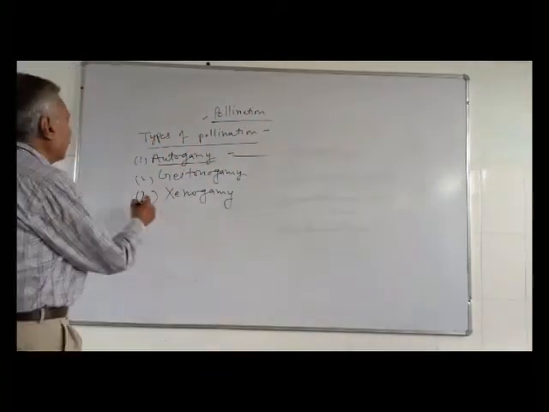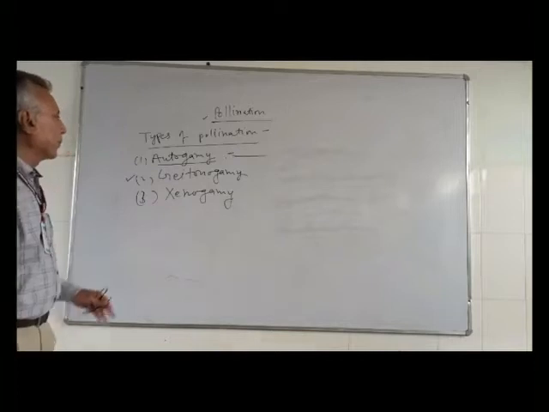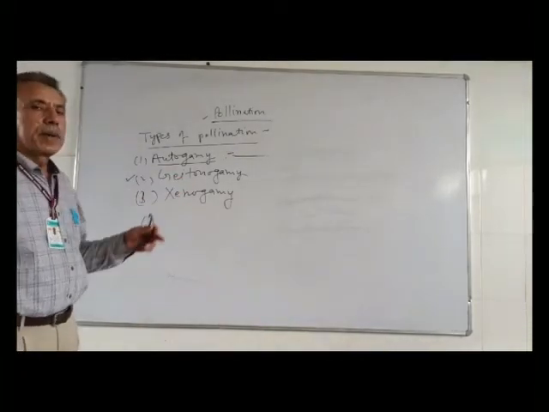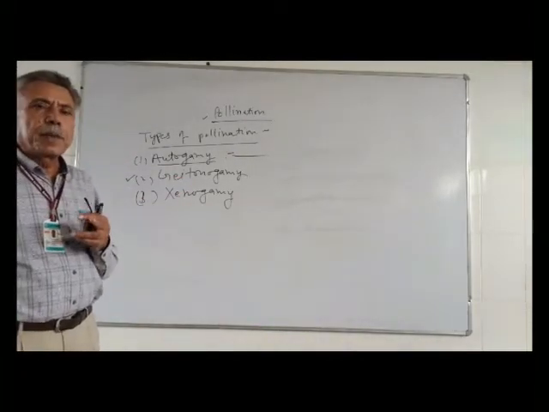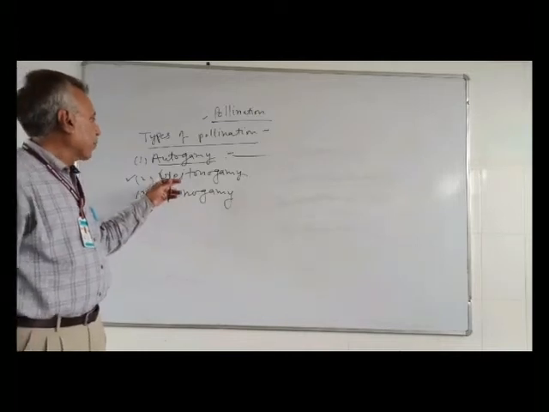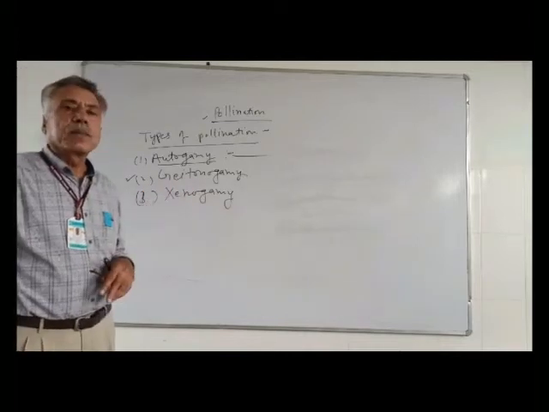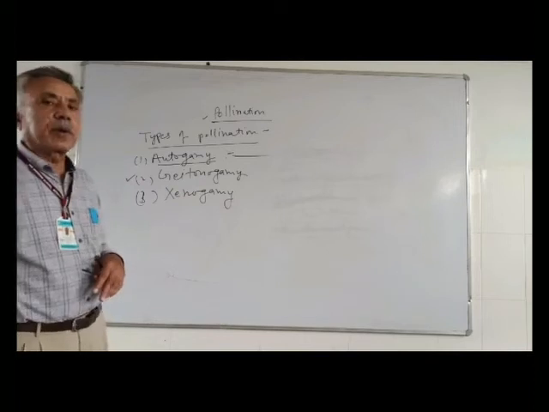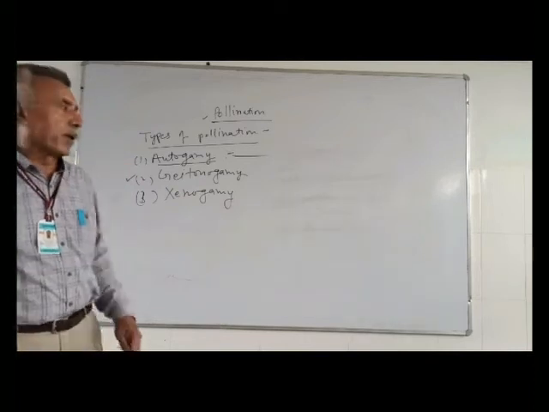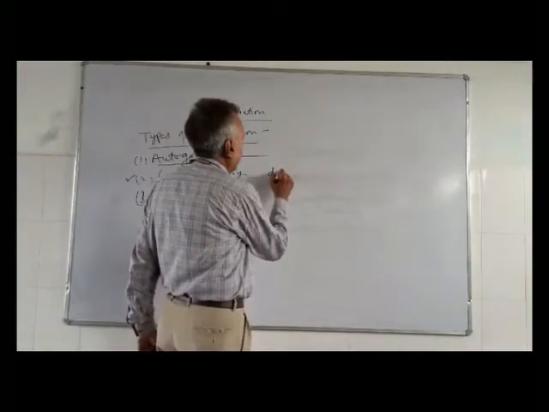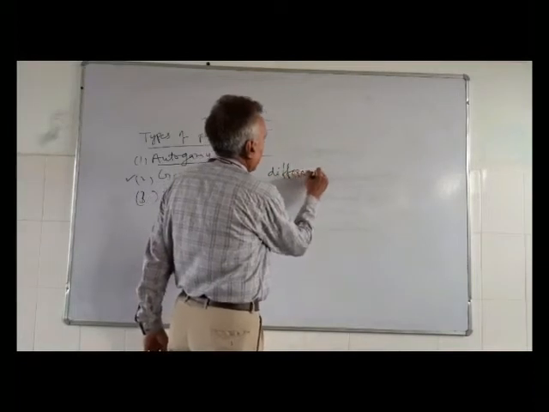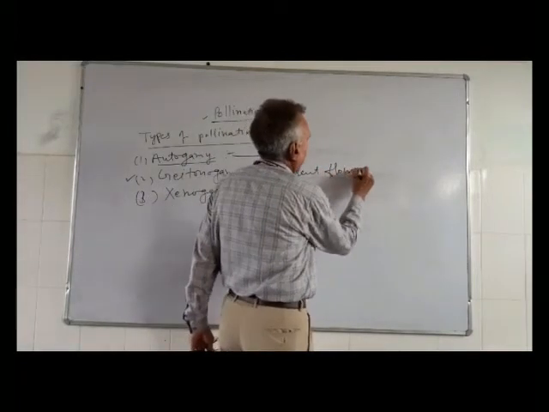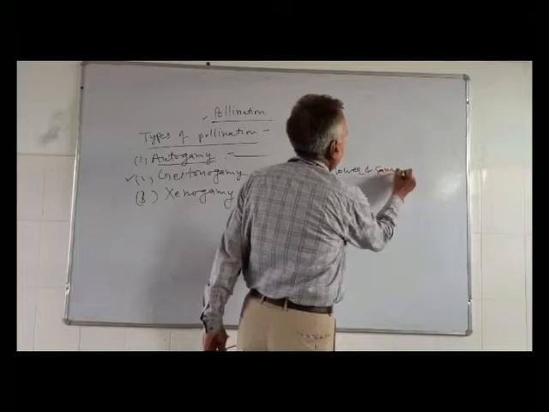Now we come to geitonogamy. In geitonogamy, there is transfer of the pollen grains from the anther to the stigma of a different flower of the same plant.